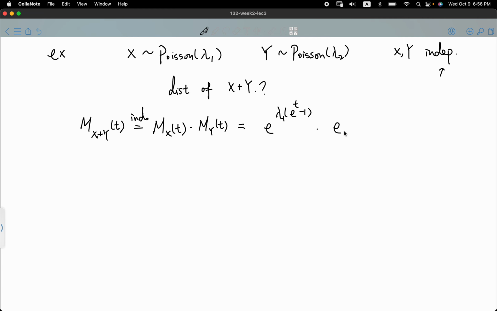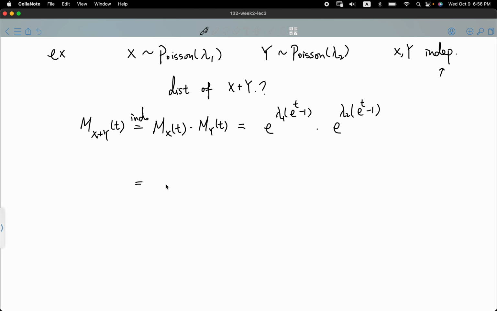Now we also write the moment generating function with lambda 2, and this is the moment generating function for y. And now we just need to simplify this, and then we can check what the distribution for x plus y is.